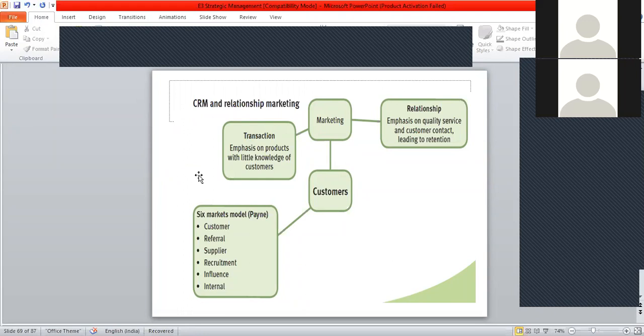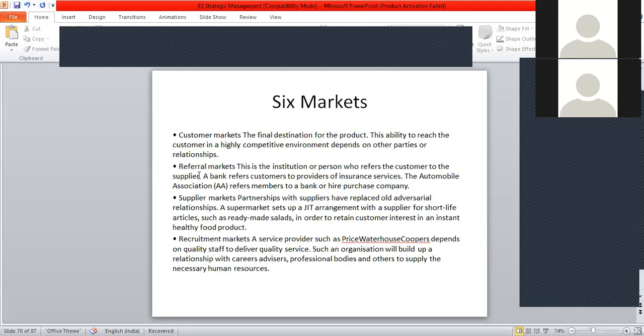We have to understand who these customers are. After we understand that, how is marketing of their products done? The marketing of the products is done either by transaction marketing or relationship marketing. So let's see what are the six markets.